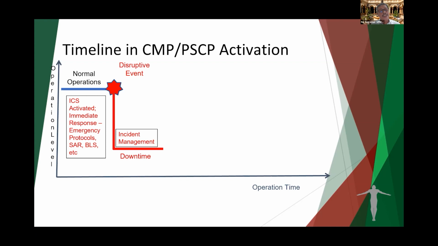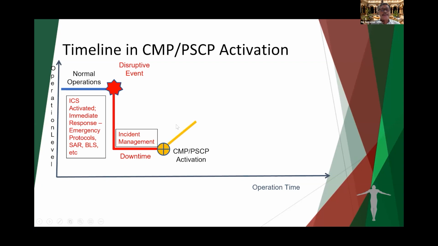So with that, we have our immediate responses. It may involve the use of our emergency protocols, search and rescue operations, basic life support operations, etc. And this is part of our incident management system.